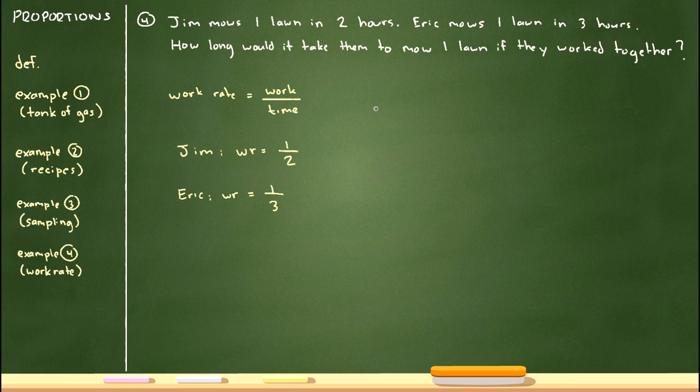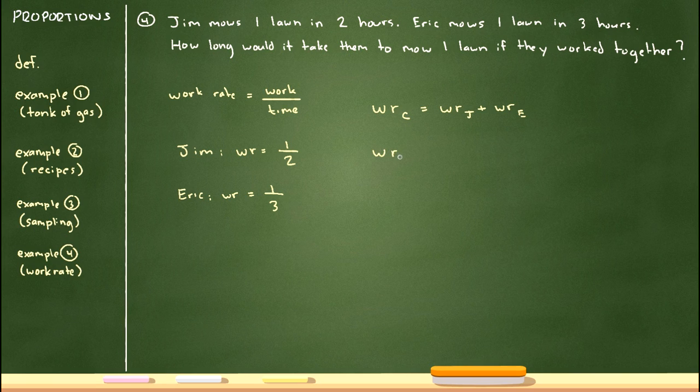Okay, so the combined work rate would be the work rate of Jim plus the work rate of Eric. So the work rate, let me say WR, and let me do sub C, so that's combined work rate, would equal the work rate of Jim plus the work rate of Eric.